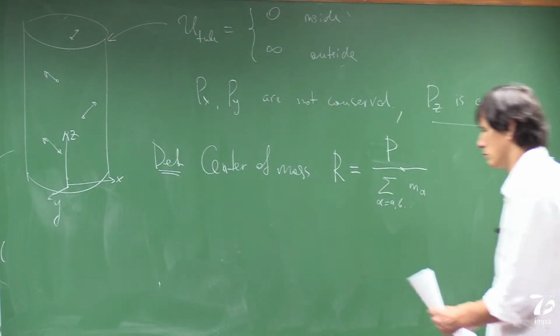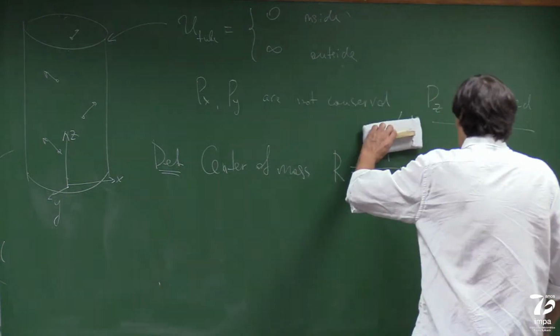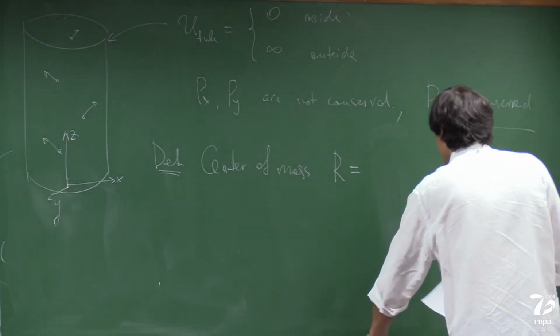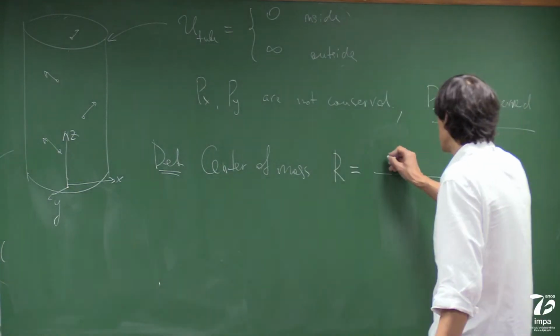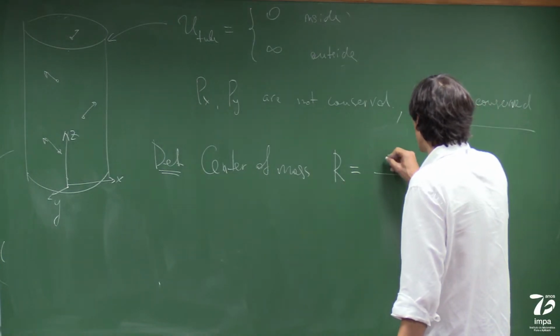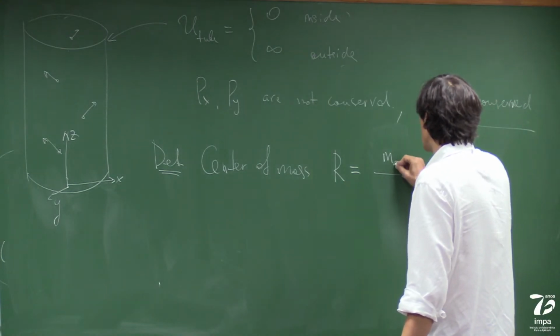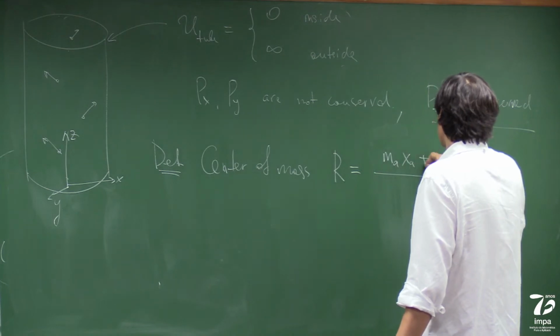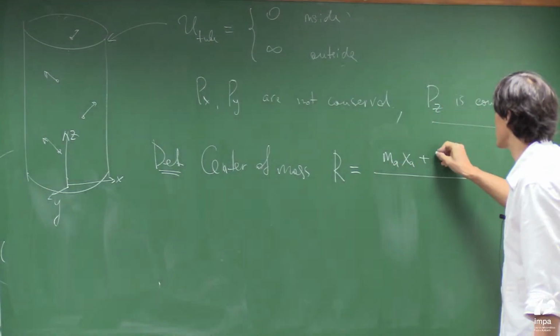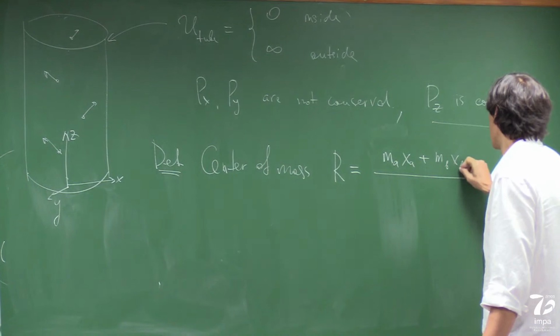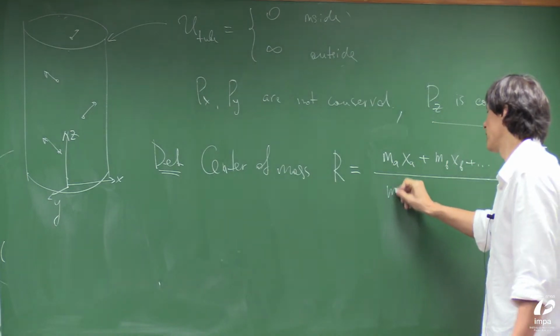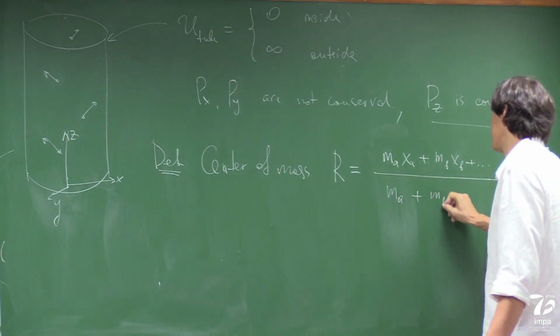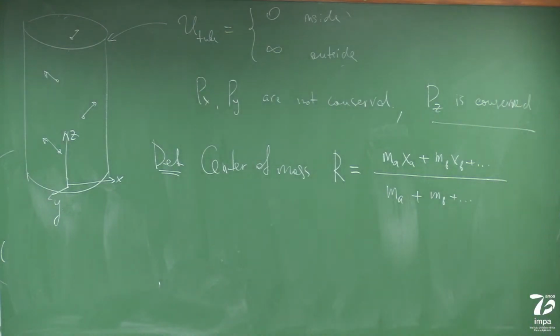Oh, no, sorry, what am I saying. Let's define the center of mass as the sum of the coordinates of all points weighted with their own mass, and divide it by the total mass. So this is called the center of mass.